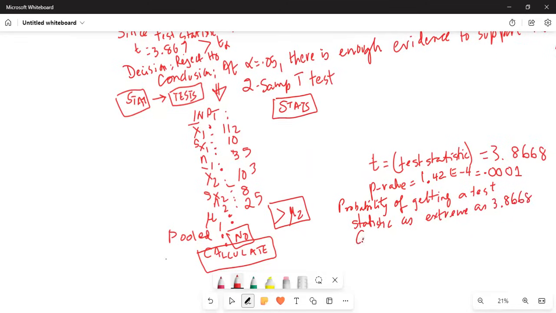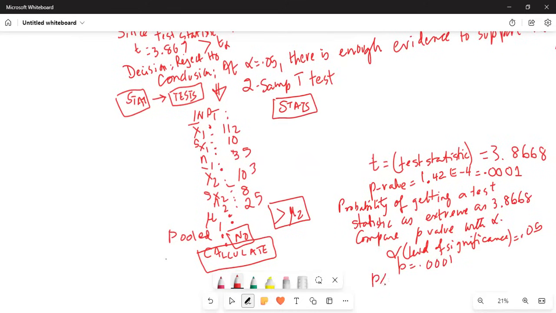Okay, now compare the p-value with alpha. Remember, alpha is your level of significance, is the area of rejection, is equal to 0.05. So p is 0.0001. P is less than alpha.